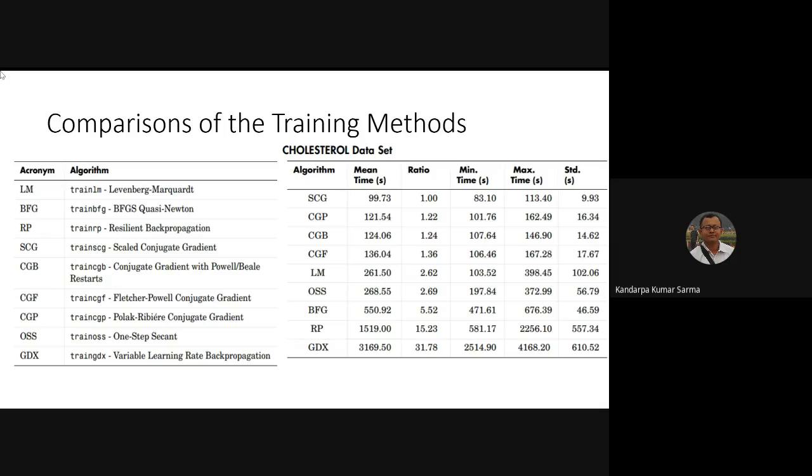Now we can do a comparison. A comparison is shown by the use of cholesterol data. So if we take cholesterol data, this part of the data is from a repository.